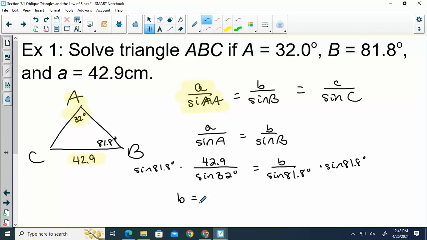So I have the sine of 81.8 times 42.9 divided by the sine of 32. How many significant digits? 3. So side B is 80.1 centimeters.